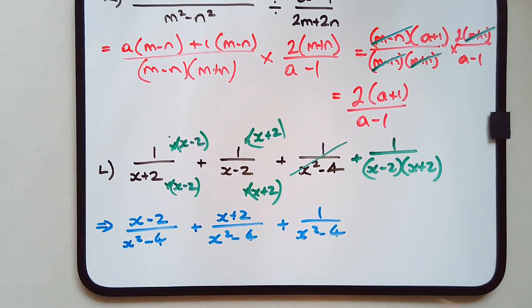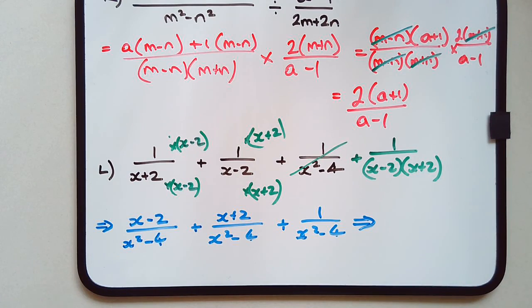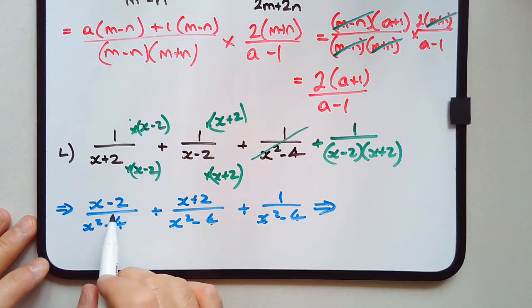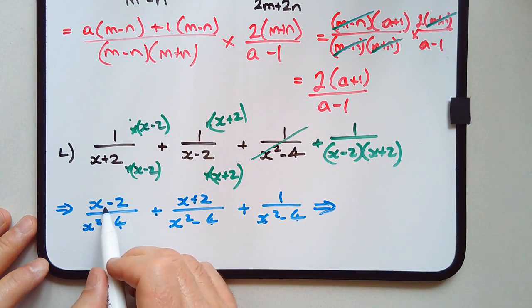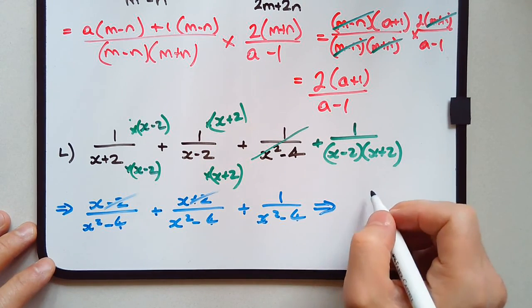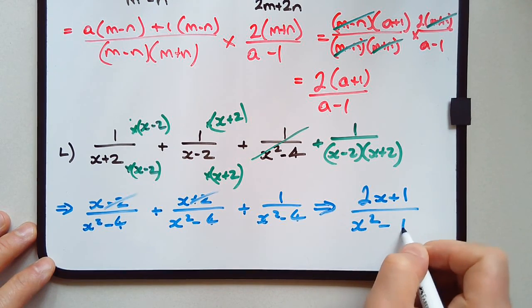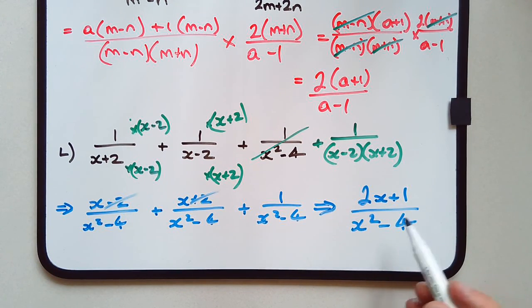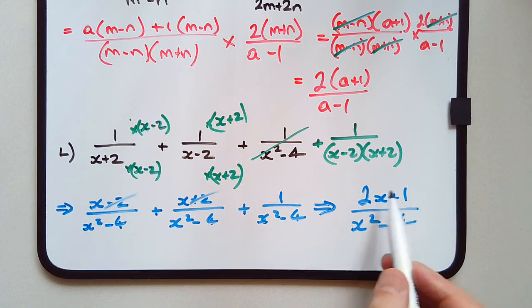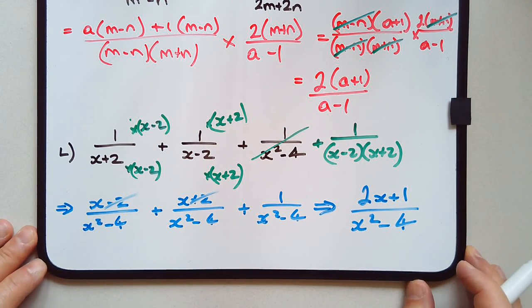Now we can just add the numerators directly. So x minus 2 plus x plus 2, in fact, that disappears, and we end up with 2x plus 1 over x squared minus 4. And I can tell you from now, there's nothing we could really cancel top and bottom here. That's x minus 2, x plus 2. We can't factorize the numerator anyway, so I'm just going to leave it in this form, and that's it.